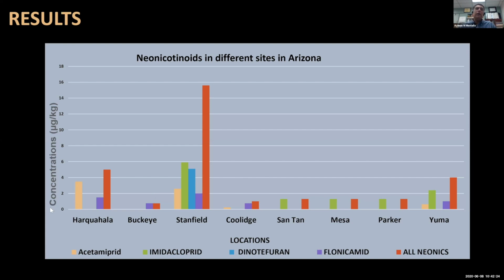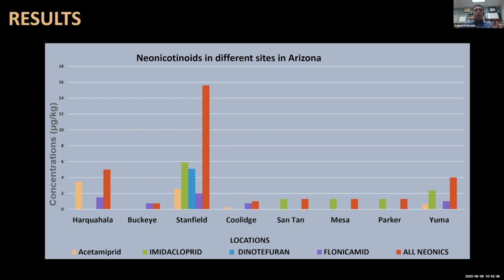If you look at the y-axis, this is the concentration of the neonics, in micrograms per kilogram. And the highest accumulated within one location, in Safford, was almost close to 16 micrograms per kilogram.